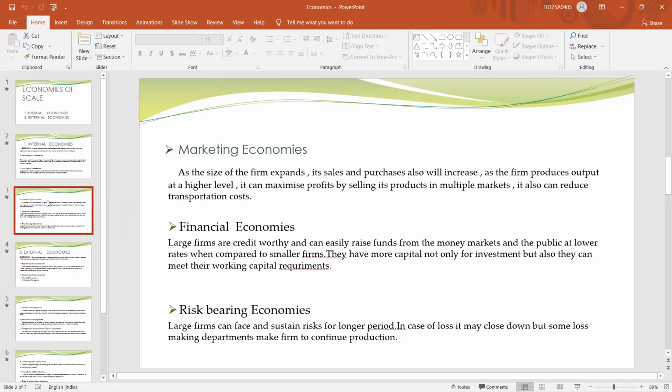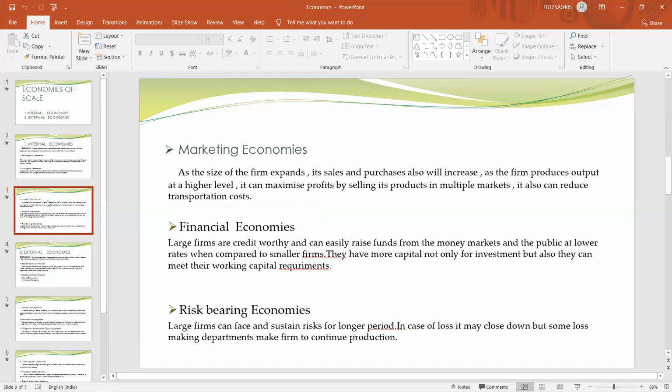And as a firm produces output at a higher level, it can maximize profits by selling its products in multiple markets. It can also reduce transportation cost. If the output is high, it can get more profits by selling its product in various markets.